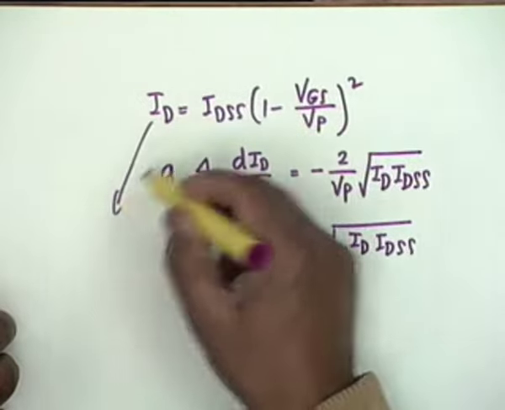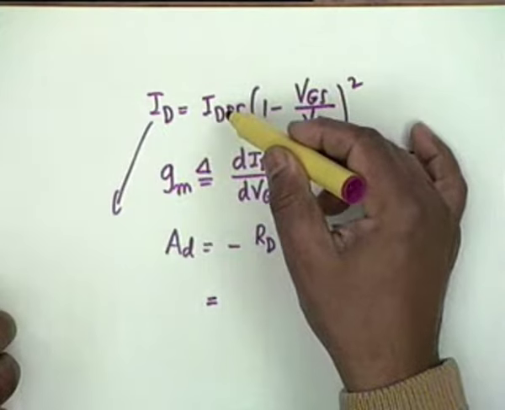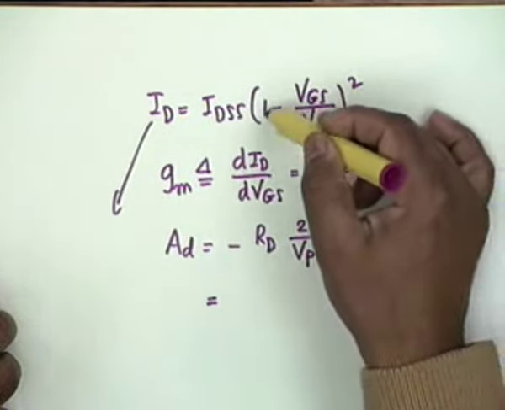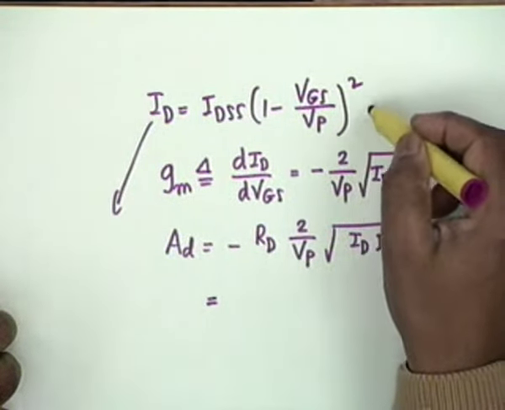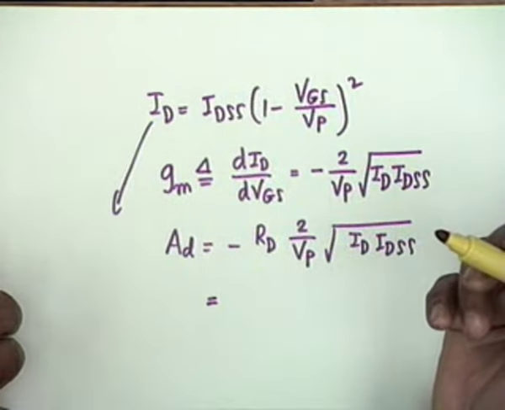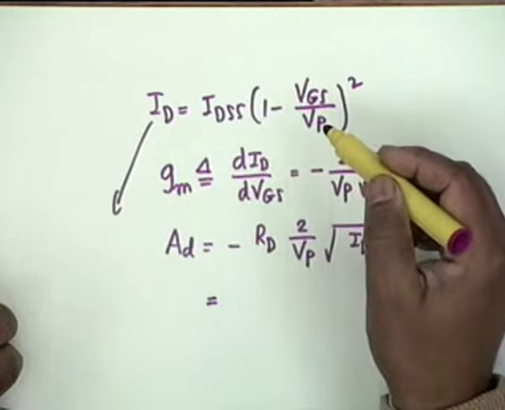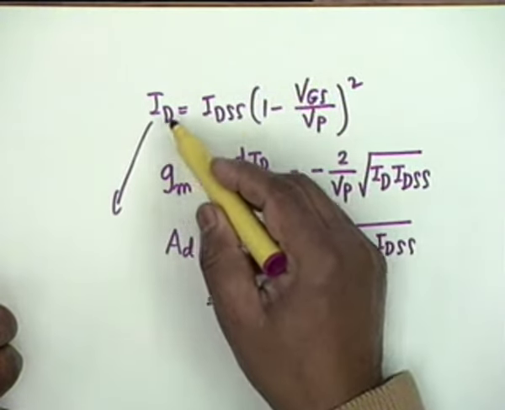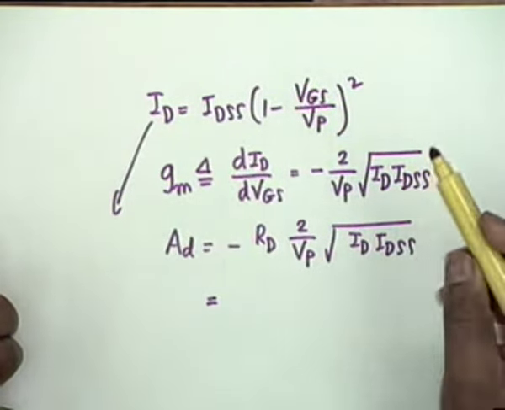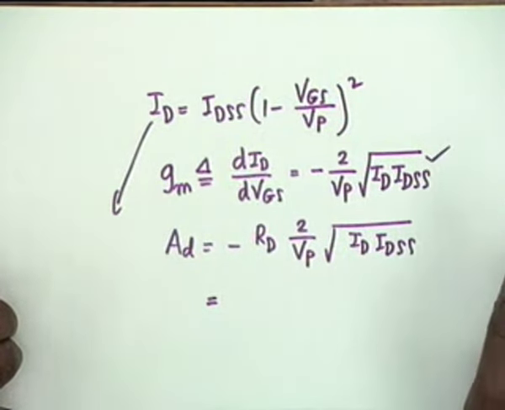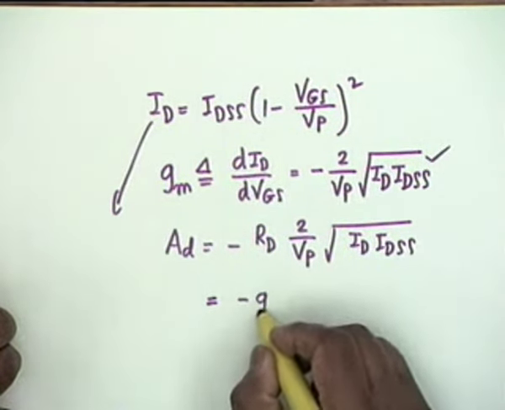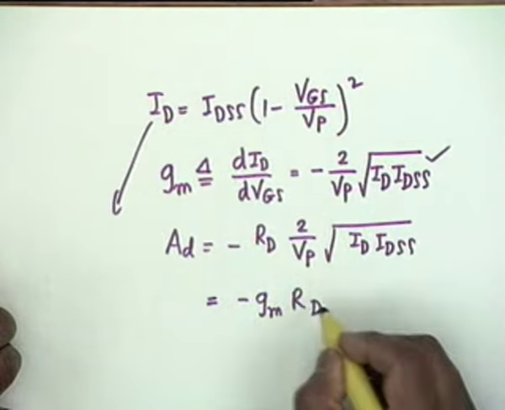You see, if I differentiate this, I will get twice IDSS times this multiplied by minus 1 by VP. Okay, and then this quantity 1 minus VGS by VP I replace by square root of ID by IDSS. That's how I get this expression. Okay, and therefore you see that this is minus GMRD. I claimed yesterday that this would be the case. This is indeed the case.